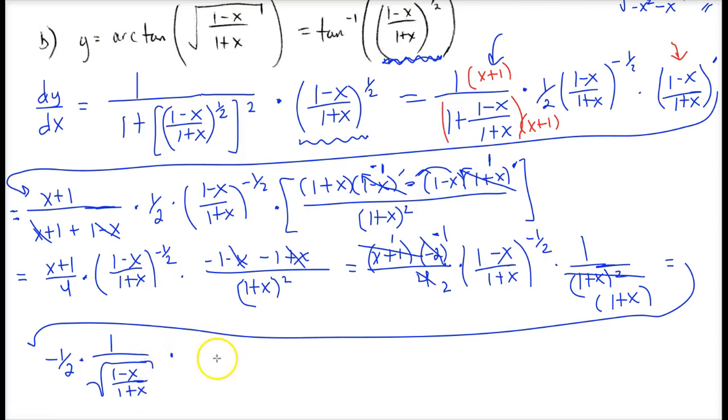And here we have a factor of 1 over 1 plus x that's left. And so we know that 1 over the square root of (1 minus x over 1 plus x) is just a reciprocal. So we could rewrite this as the square root of (1 plus x over 1 minus x) times 1 over 1 plus x.